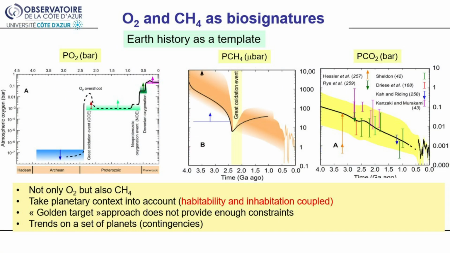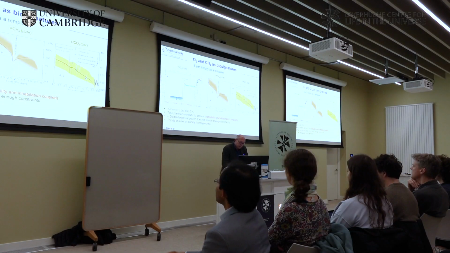We're taking another viewpoint, saying that to have conclusive evidence of whether it's habitable or inhabited, it needs to be a trend on a population of planets. If we have a large sample of planets and we have a repetitive trend like the CO2 evolution, then we have a strong argument that indeed they may be habitable, they may be resembling the Earth, or they may be inhabited.